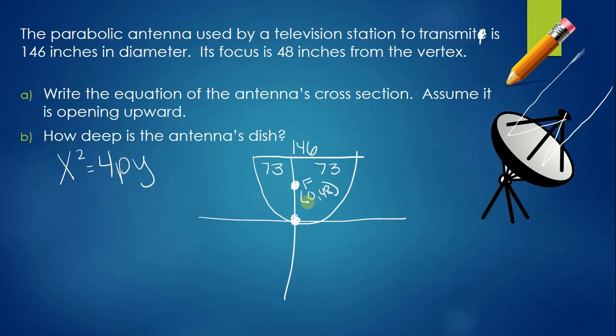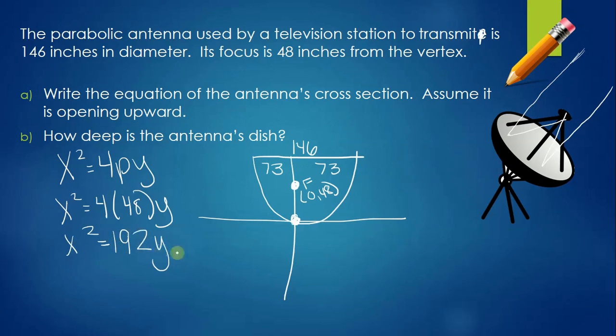Well, I know how far the focus is from the vertex. It's 48 inches away. So I can plug that in directly to get my equation. So x squared equals 192y.